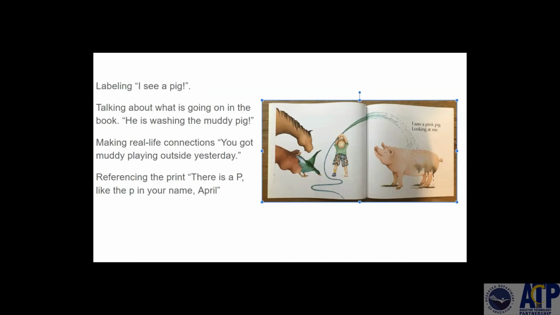With this classic book, I Went Walking by Sue Williams, labeling might be, I see a pig. Talking about what is going on in the book: he is washing the muddy pig. Making real-life connections: you got muddy playing outside yesterday. Referencing the print: there's a P, like the P in your name, April.